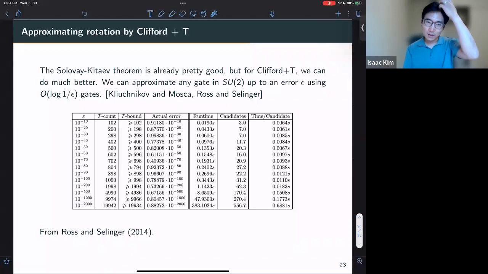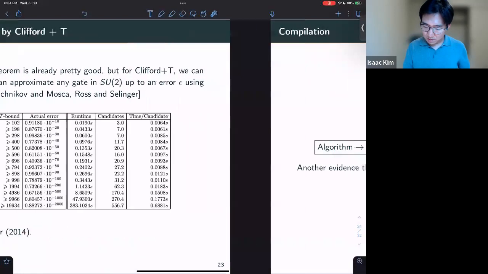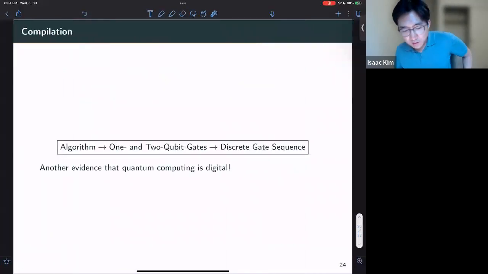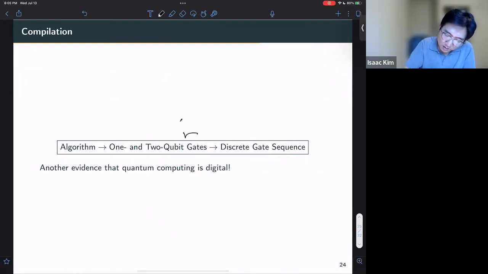So very fast. What I'm trying to tell you is that when it comes to converting an algorithm to a discrete gate sequence, it usually works in the following way. For quantum algorithms, it's usually very straightforward to convert them into a sequence of 1 and 2 qubit continuous gates.